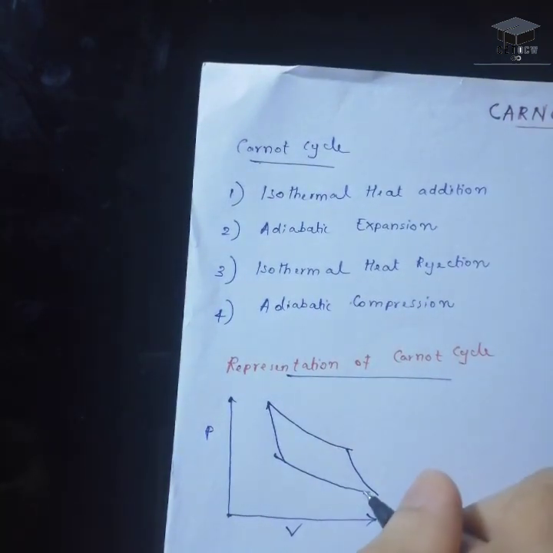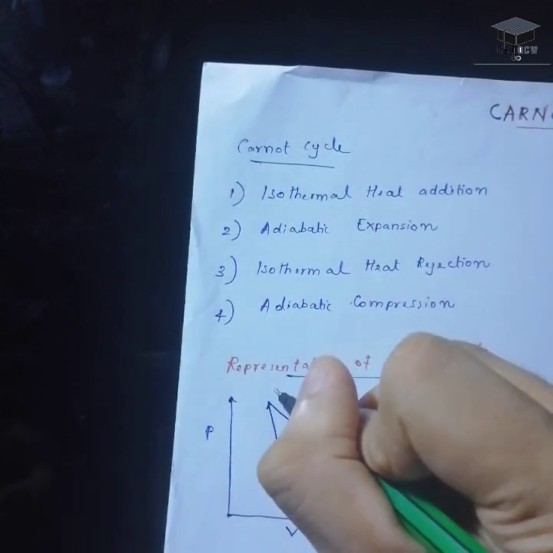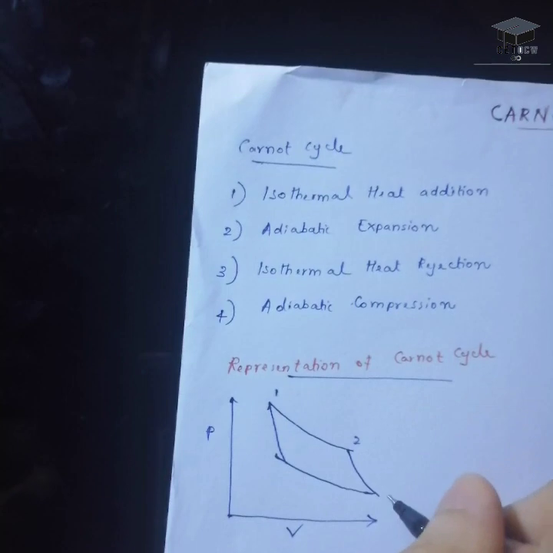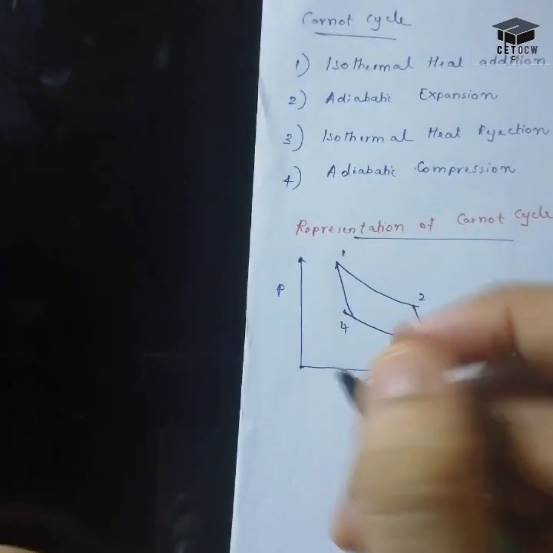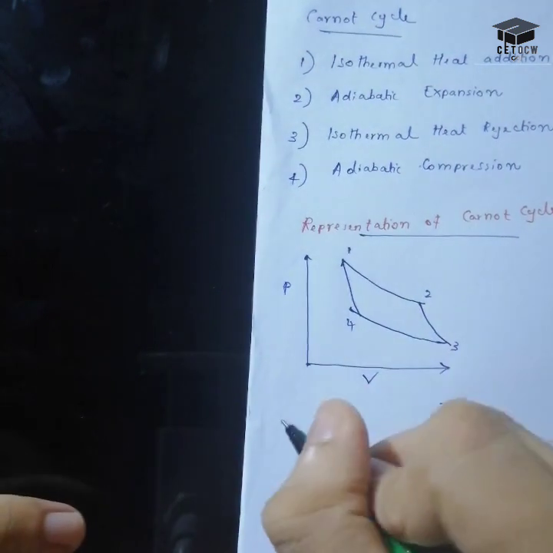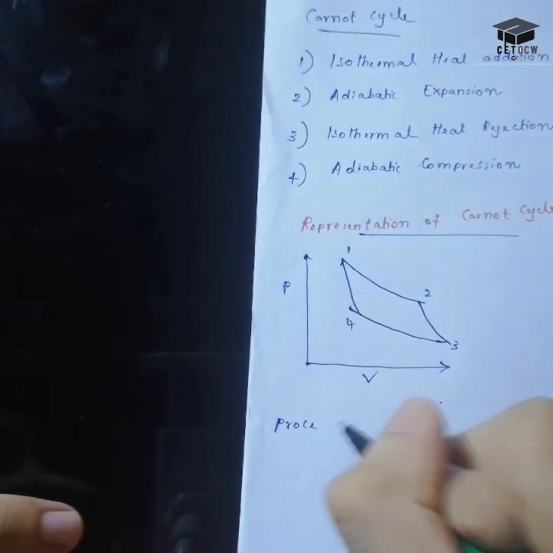This is how we represent it on the PV diagram. We can number the points 1, 2, 3 as well as 4. The process 1 to 2.